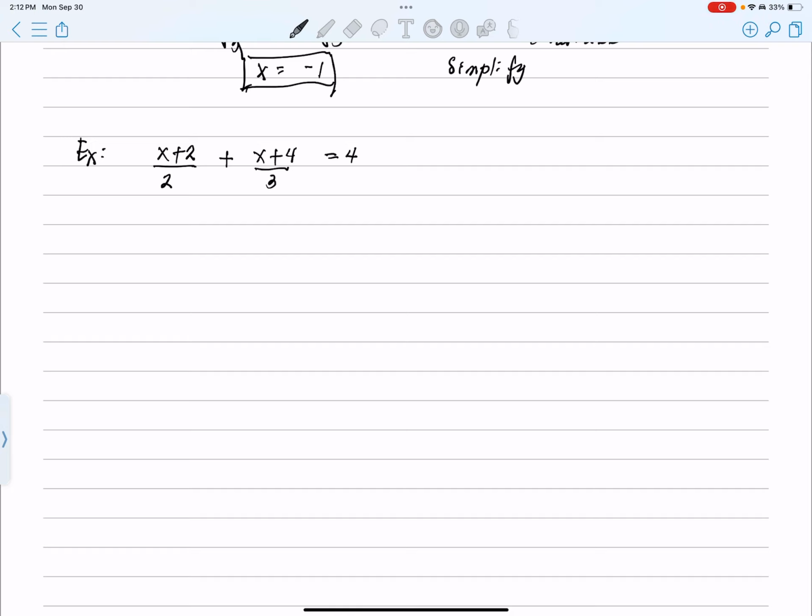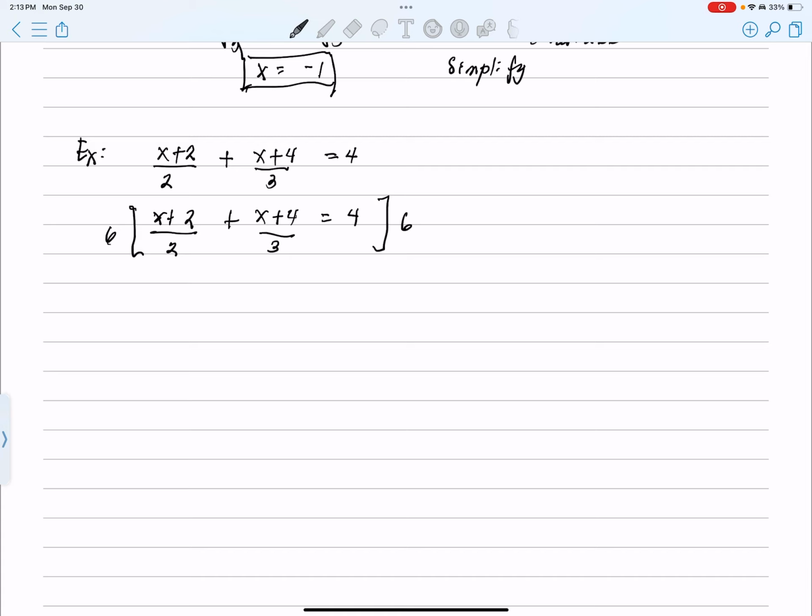We are going to take x plus 2 over 2 plus x plus 4 over 3 equals 4. We're going to multiply both sides with the least common denominator. Okay? Let's simplify. By doing the steps, always simplify your equation on the left side as well as on the right side.